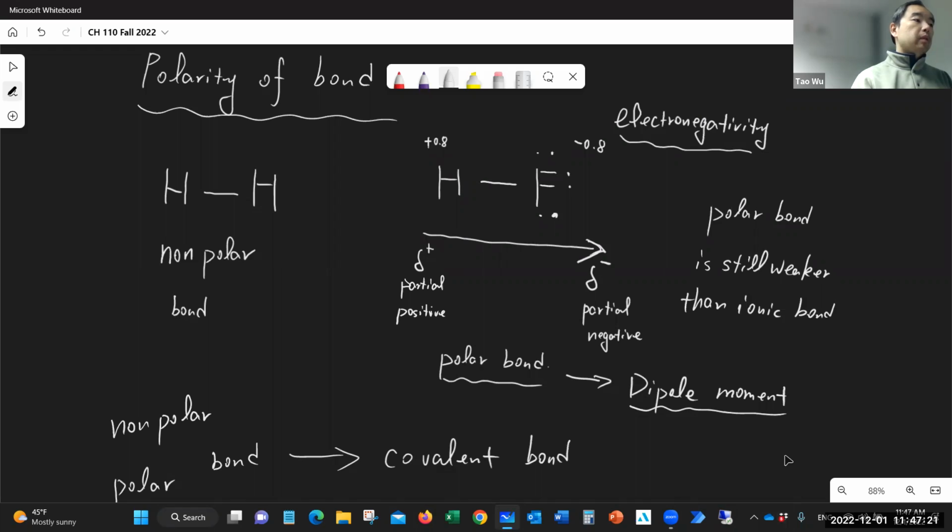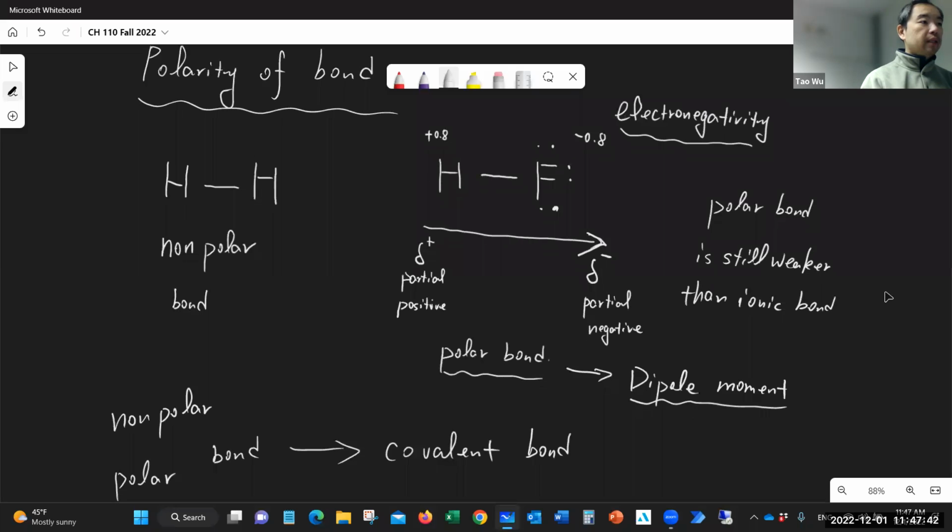All right, but the point is, how can you determine which one is the polar bond and which one is a nonpolar bond? You don't know, right? So you cannot tell which one is polar and nonpolar. But here we're not going to talk about the major difference. I'm just giving you the rough idea.